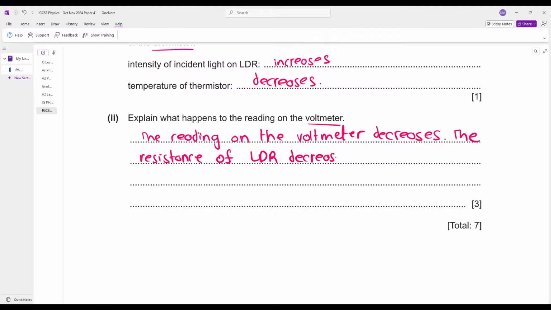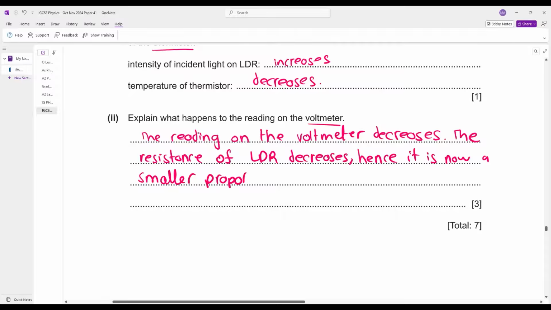Hence, it is now a smaller portion of the total resistance.